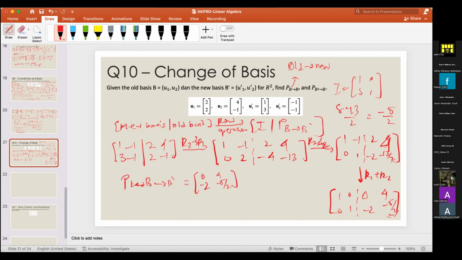And in order to find this one, it is simply the inverse of this one.